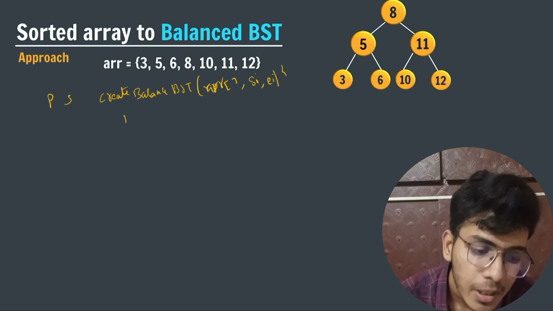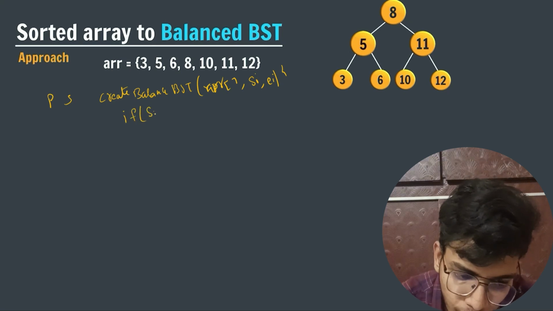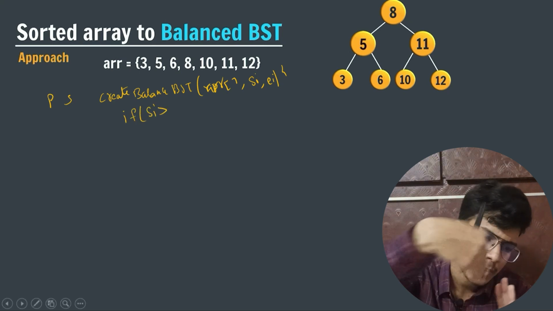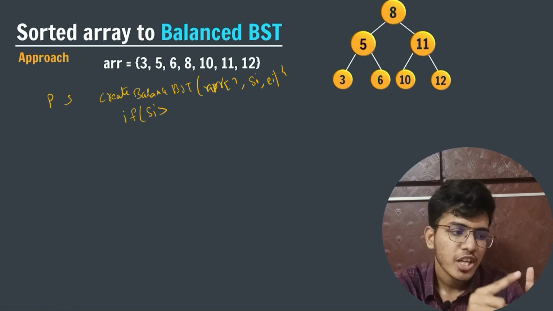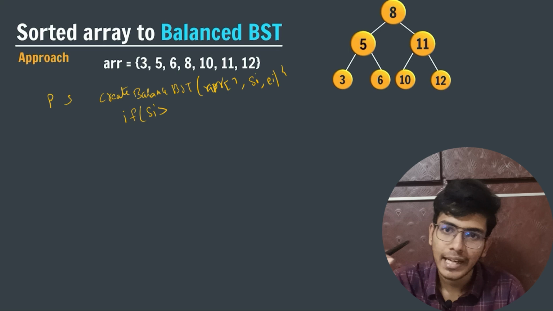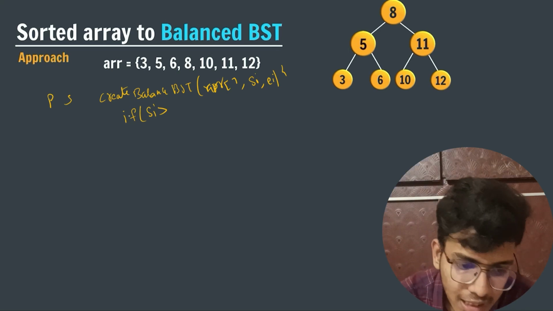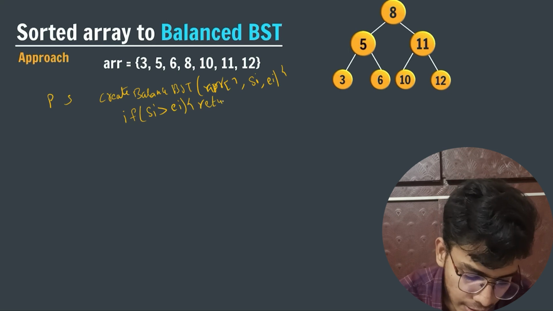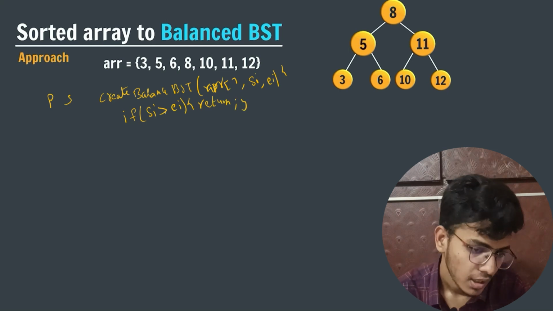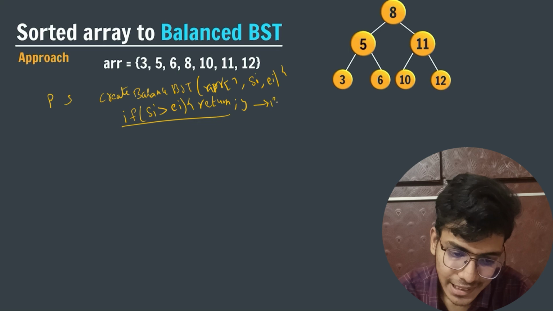Now what will be my base case? As I recursively call, I am changing the values of the starting index and the ending index. So if my starting index becomes greater than the ending index, then I will immediately return from my program. This is my base case.